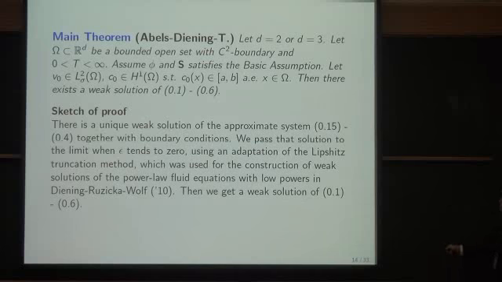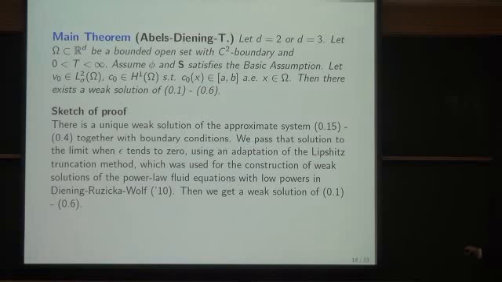I'd like to first of all give a very brief sketch of the proof. There is a unique weak solution of the approximate system together with the boundary condition from the previous theorem 2.